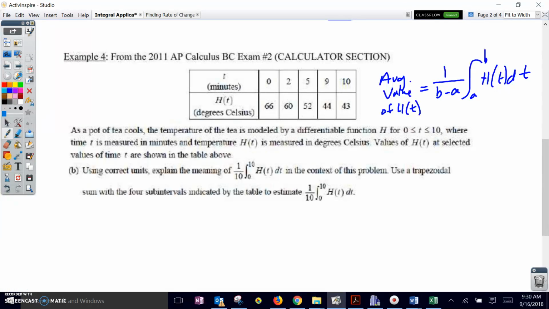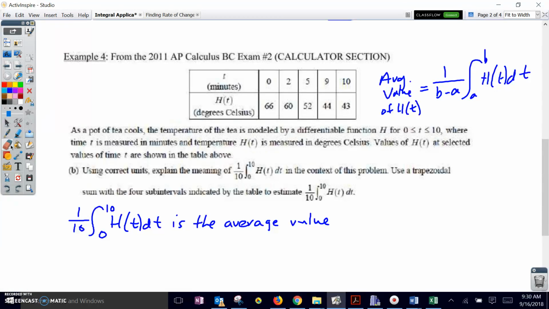And so to explain the meaning of this, this is the average value. I'm not going to just say average value; I'm going to say what h of t actually is the average of. And what does h represent?